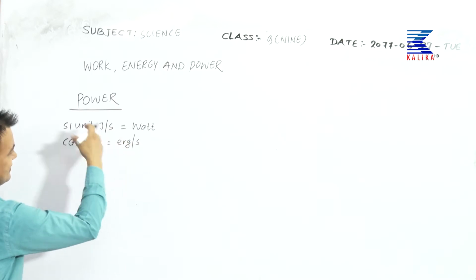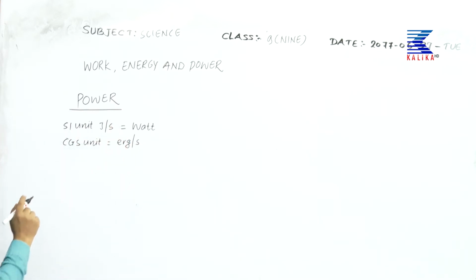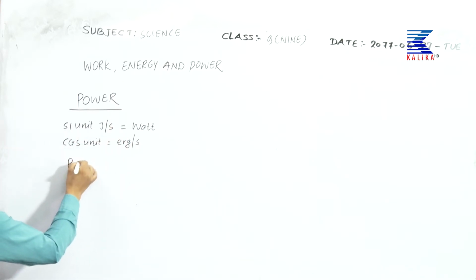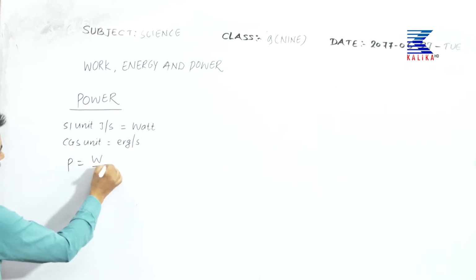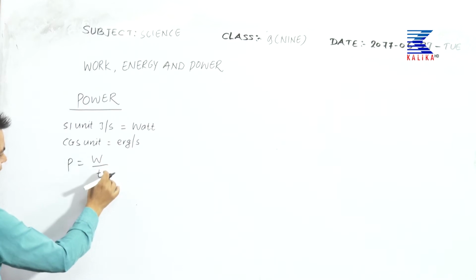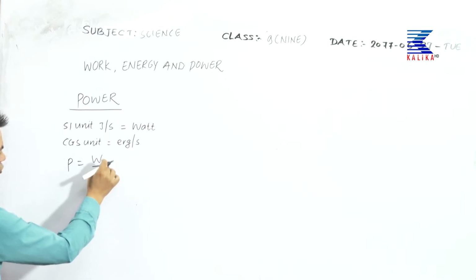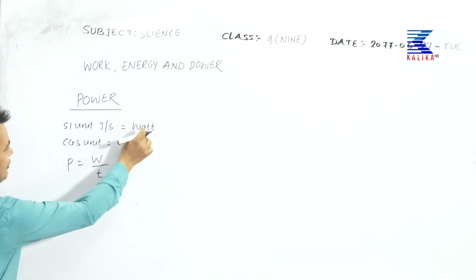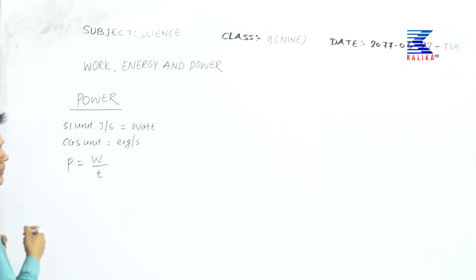Power, P, equals work done upon time taken, with work done in joule and time taken in second, so joule per second is equal to the watt.